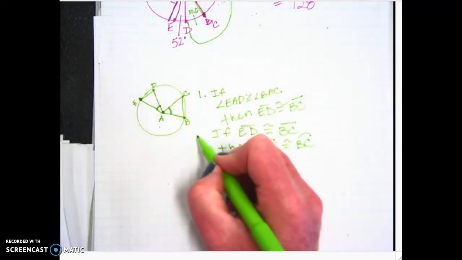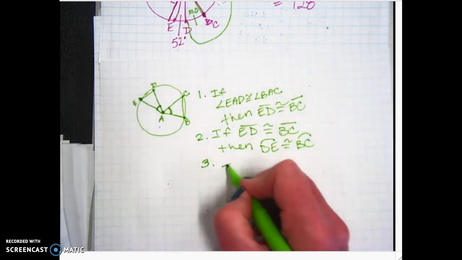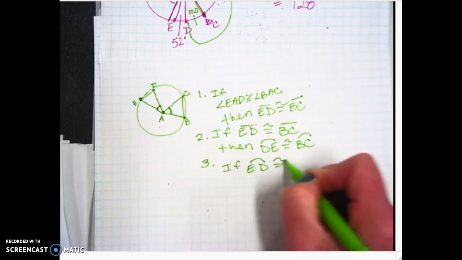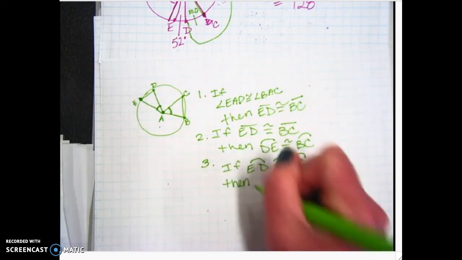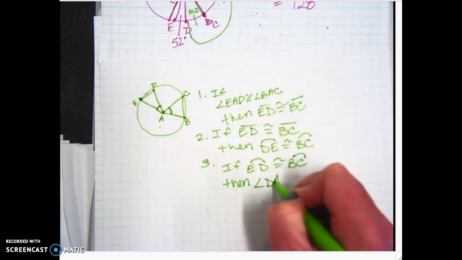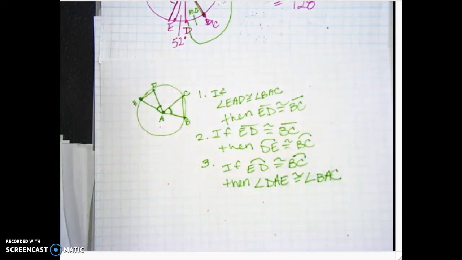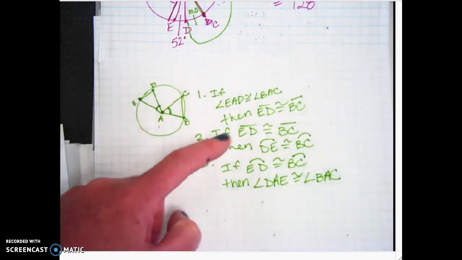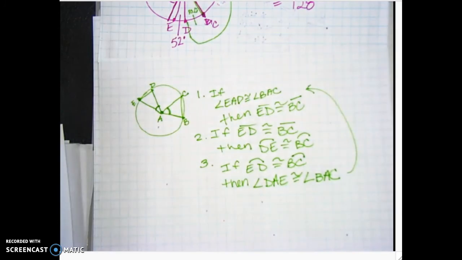So this is the first one, this is the second one, and then the third one says that if ED is congruent to BC, then the angles are congruent. So angle DAE is congruent to angle BAC. They all kind of lead to each other. So this one leads to this one leads to this one, and then this one leads back up to that one. So if one of those three things is true, then all three of them are true.